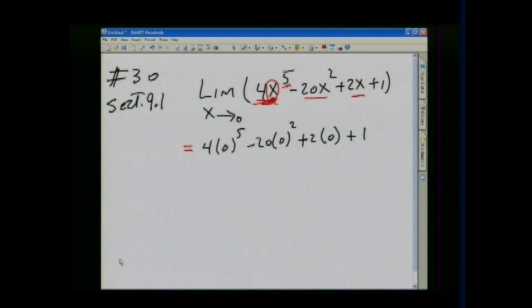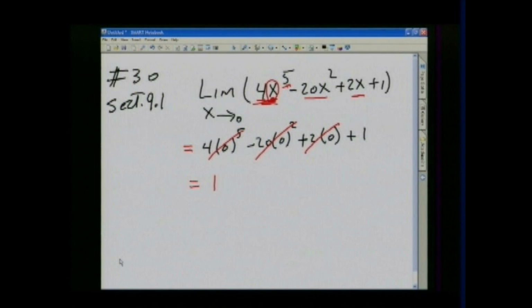As you can see, everything here would be 0 and 0 and 0. Therefore, the limit of that function as x approaches 0 would be equal to 1. That's done. That's problem number 30. Let's do another problem and see whether that would be any different.